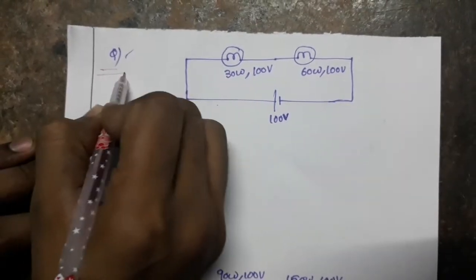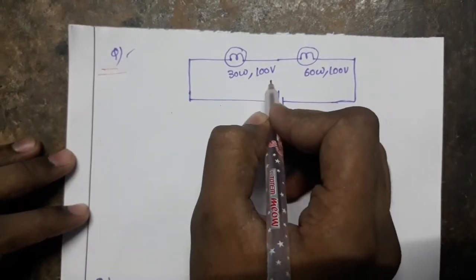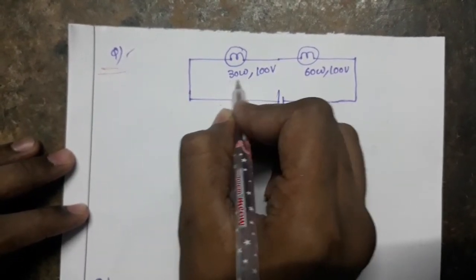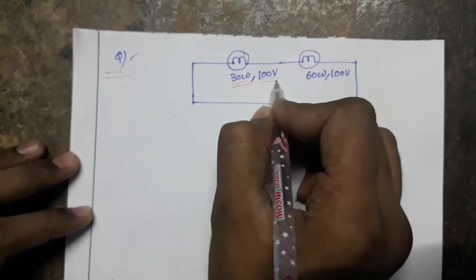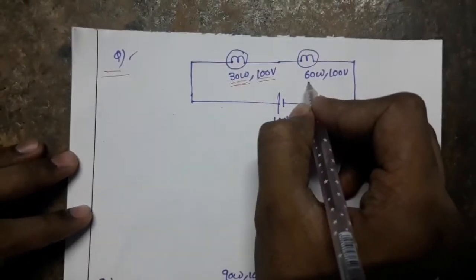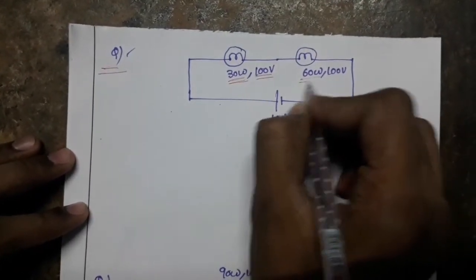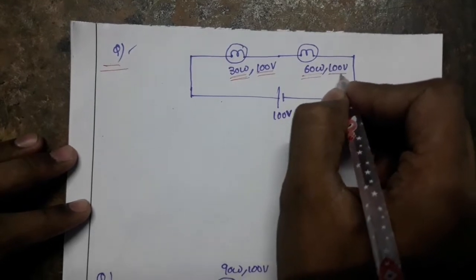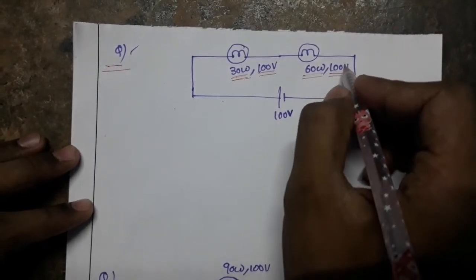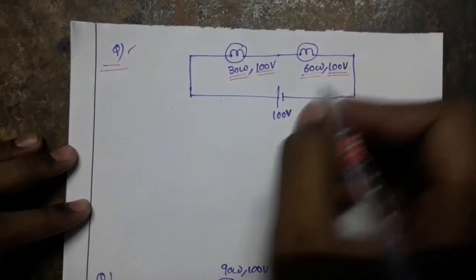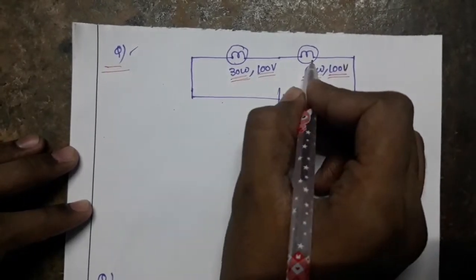Friends, for this question, bulb 1 has a 30 watts power rating and a 100 volts voltage rating. Bulb 2 has a 60 watts power rating and a voltage rating of 100 volts. These two bulbs are connected in series.